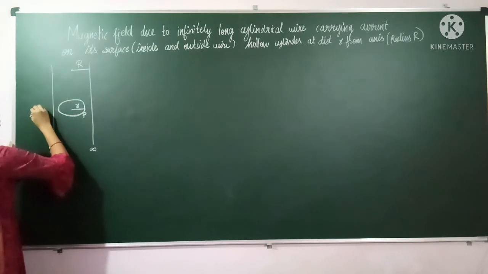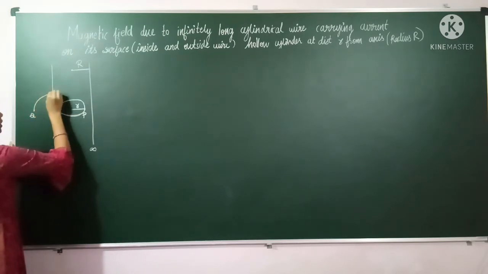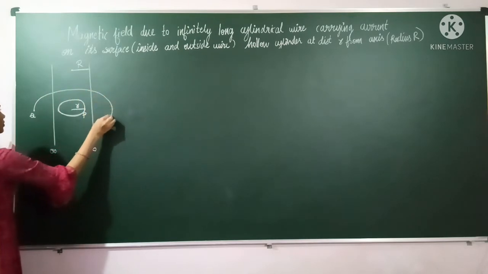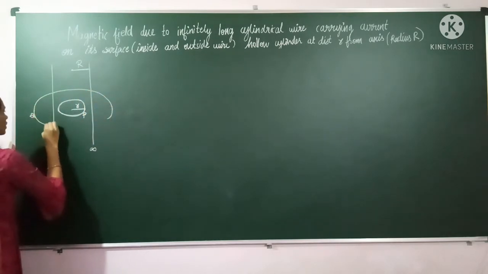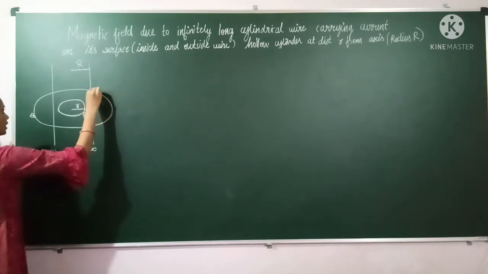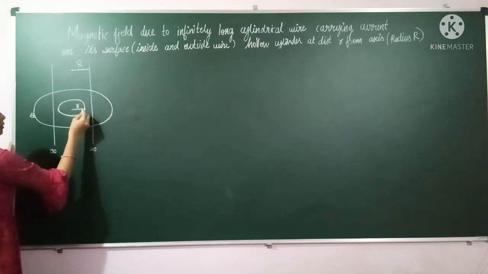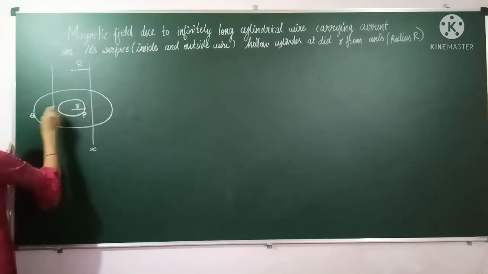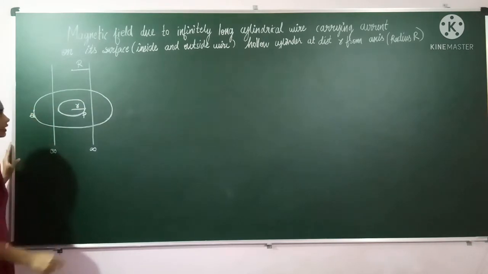Next I will draw another loop passing through the point Q, and this loop is also called an Ampere's loop. Here we have taken two loops because we are finding the magnetic field at two points, point P and point Q. Point P is inside the cylindrical wire and point Q is outside the cylindrical wire.